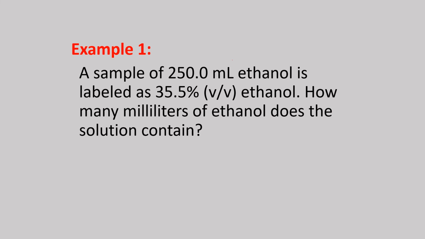Example 1. A sample of 250 ml of ethanol is labeled as 35.5% V per V ethanol. So how many milliliters of ethanol does the solution contain? So you need to find the volume of ethanol.